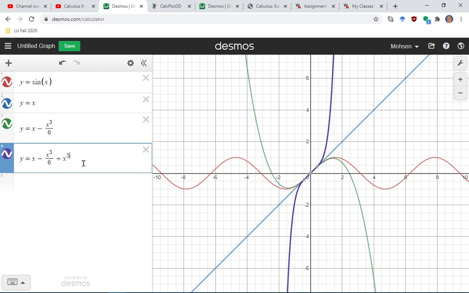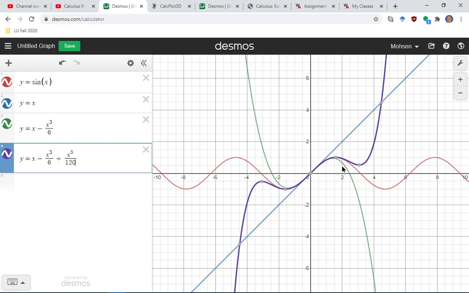To improve it, we go ahead and divide it by some number. Again, we are going to see later on where do these magic numbers come from, and the magic number here happens to be 120. Okay, we are going to explain that later on, but right now the point is that this strong blue is coming closer to the red one, to sine of x, than either the green or the light blue one. So I am kind of making my polynomial come closer and closer to the sine.